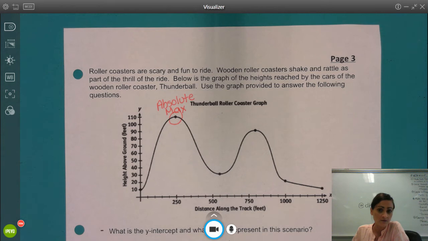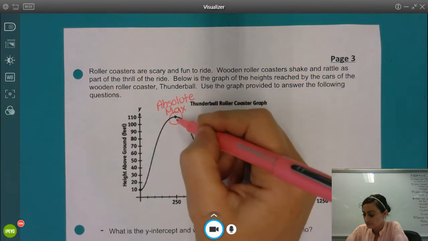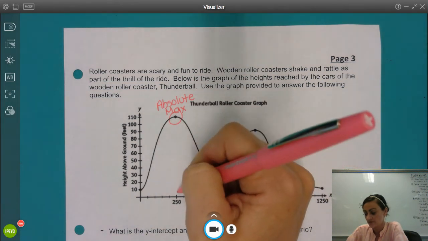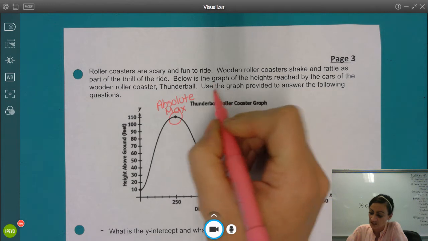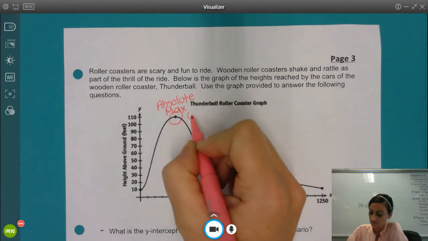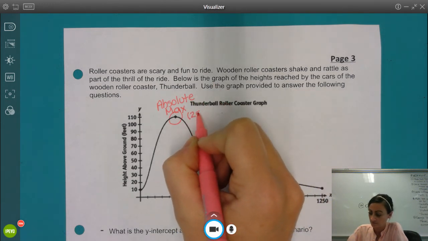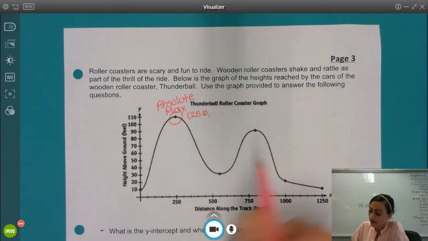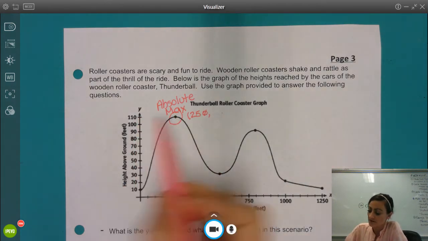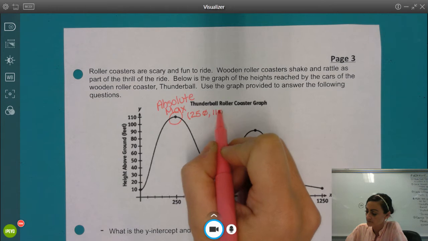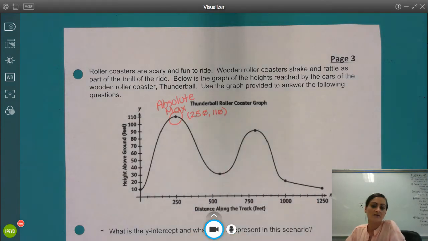Our input value will go first. Our output value will go second. So my input value for this is 250 and my output value is 110. So that's how I would write the coordinate point for that absolute maximum.